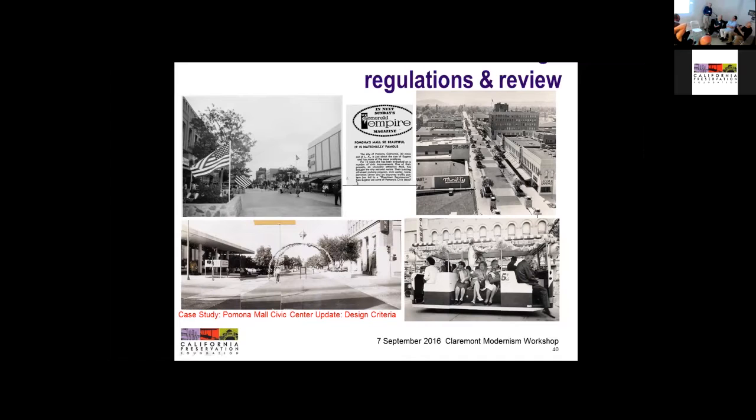A couple of points about this particular project. For Millard Sheets, I think this was a labor of love. This was his backyard. He was born in Pomona, grew up in Pomona. And when we think about the art of Claremont, we really should make it the art of the Pomona Valley. Sam Maloof, for example, didn't live in Claremont. He lived nearby.